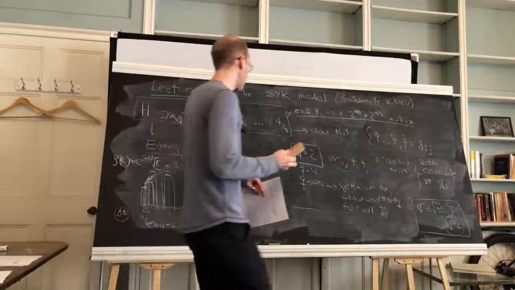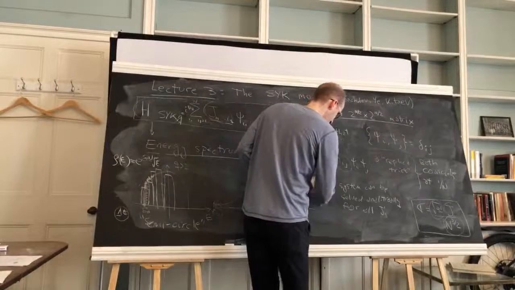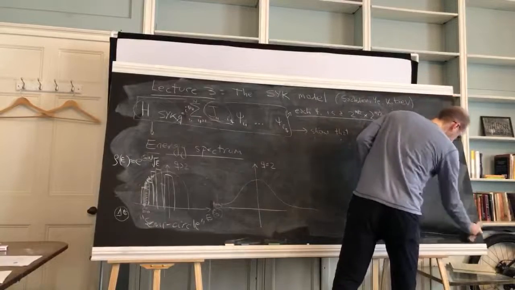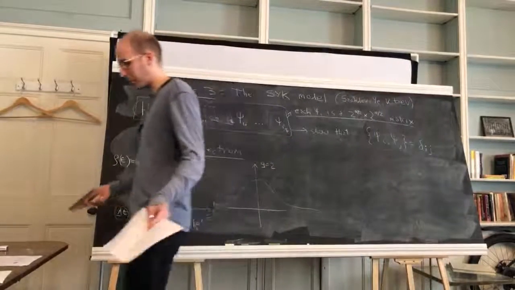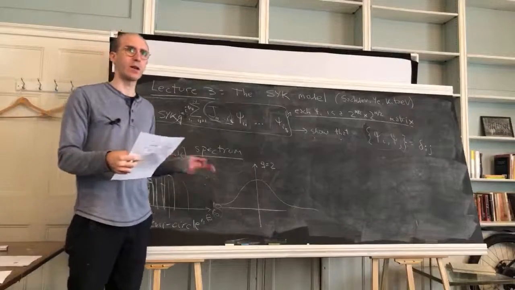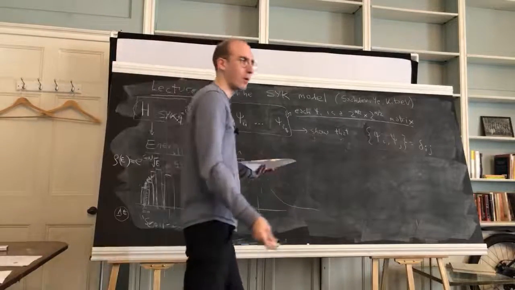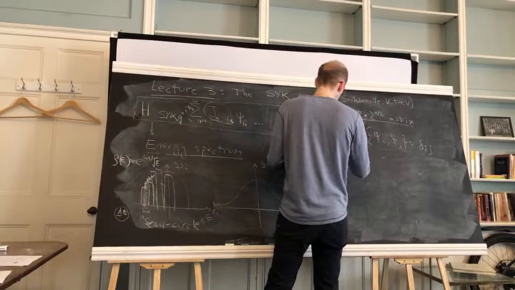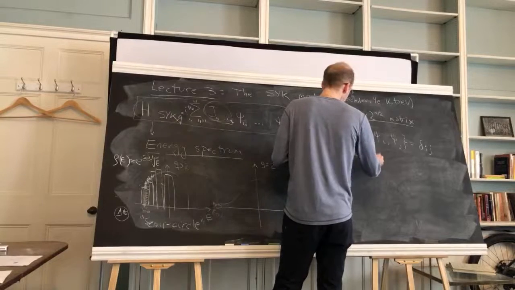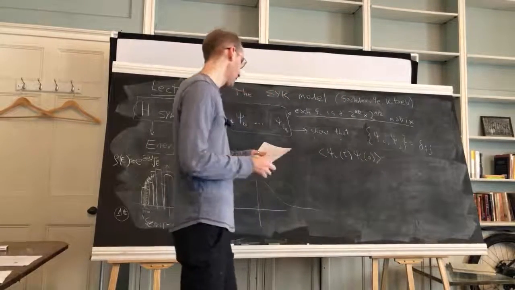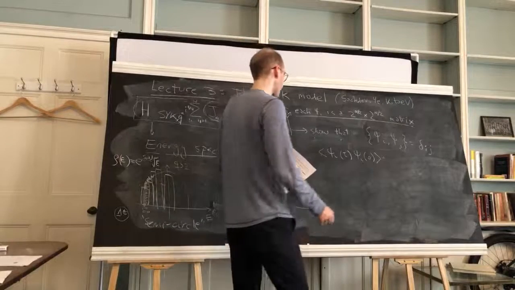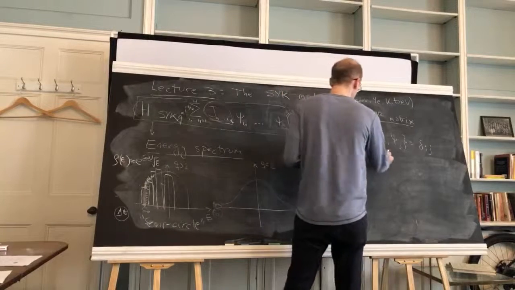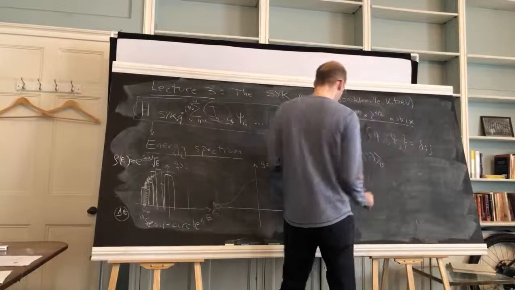One last comment about this more computational approach: once we have the Hamiltonian and we diagonalize it, we have everything we need to compute whatever quantity we want. Say we want to compute the 2-point function of these fermions at some Euclidean time tau and inverse temperature beta.